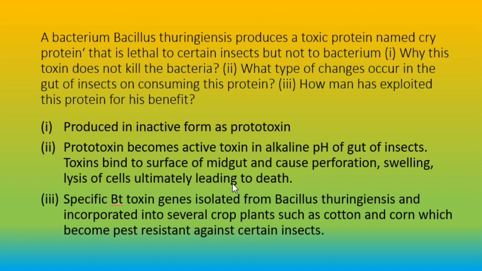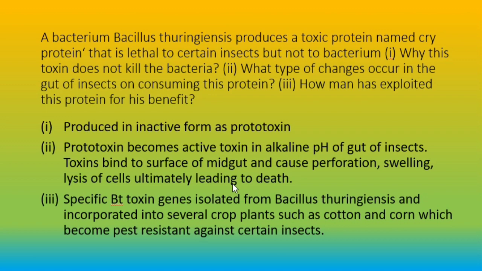Perforations means holes. Then it will lead to swelling because water will enter, and lysis, meaning breakdown of cells. As a result, the gut of the insect will get damaged, leading to the death of that insect. So whichever insect is feeding on this particular chemical will die.